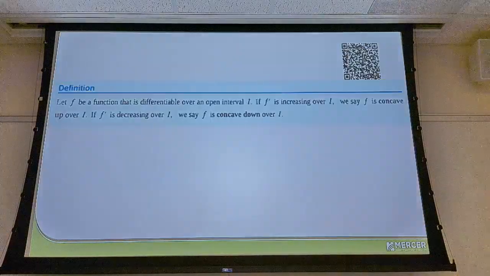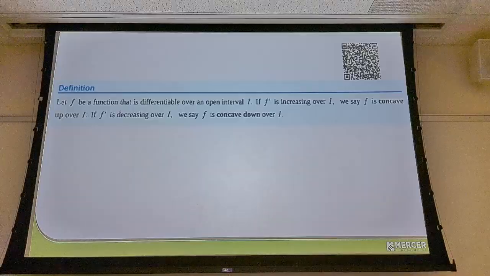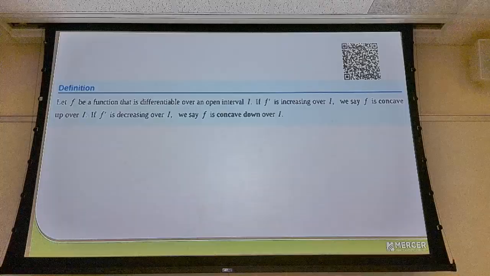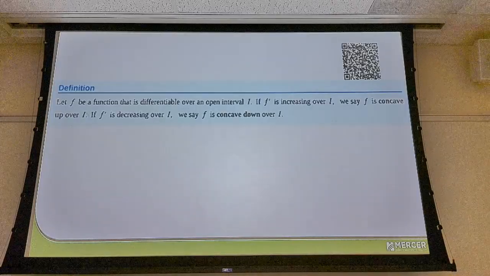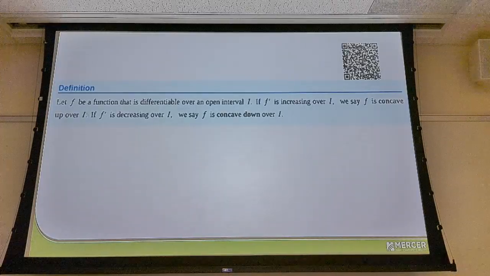Concavity was next. If f prime is increasing over an interval, f is said to be concave up over that interval. If f prime is decreasing over an interval, then we say that f is concave down over that interval.